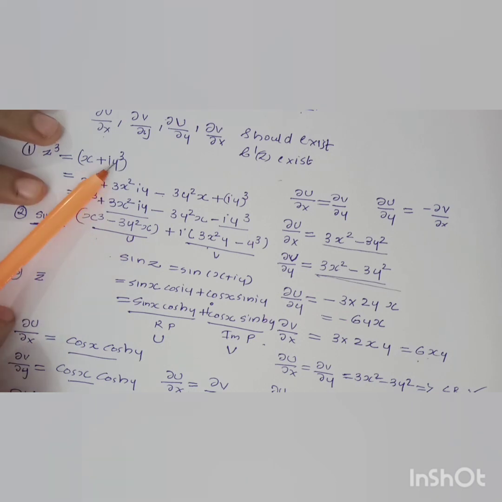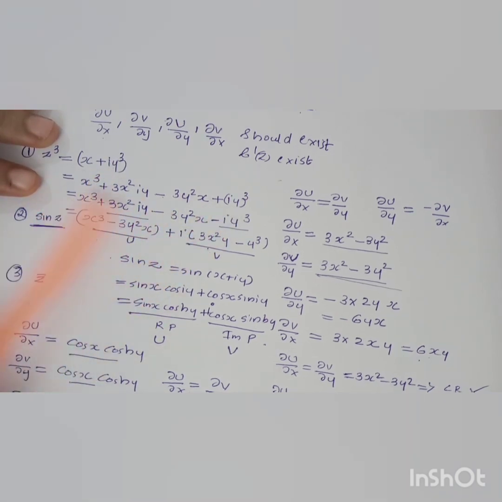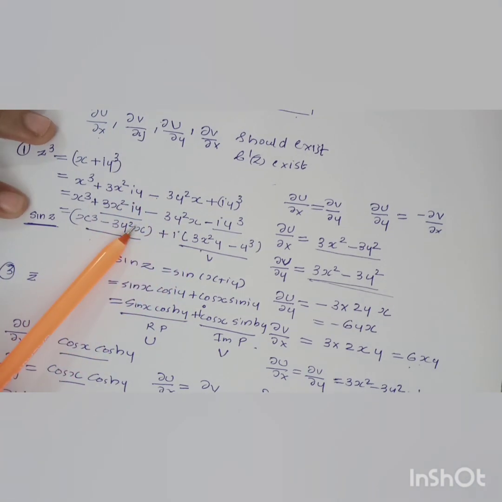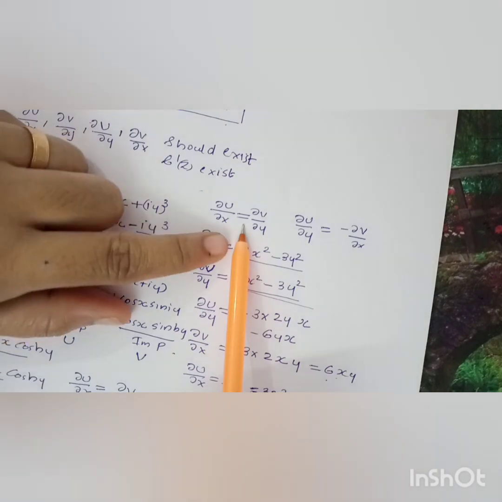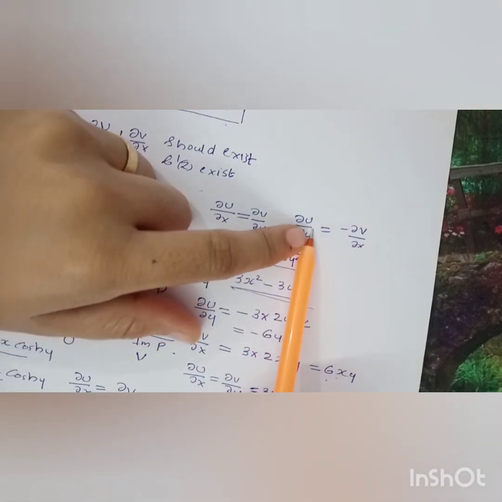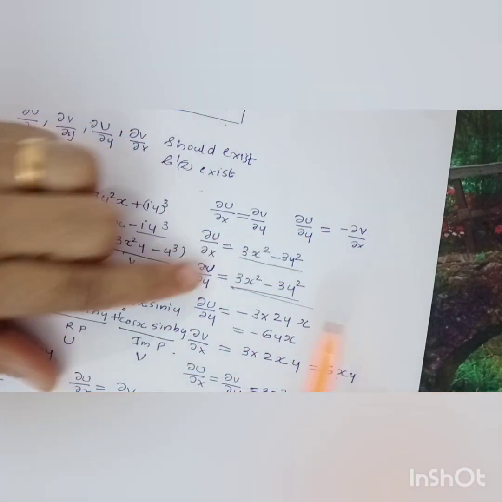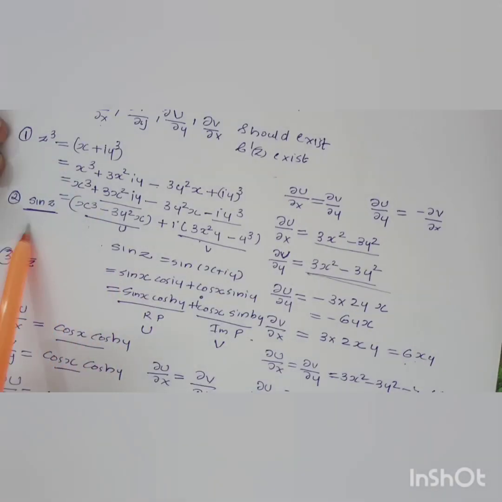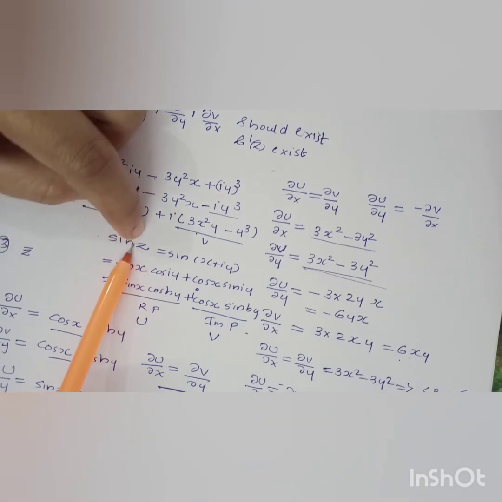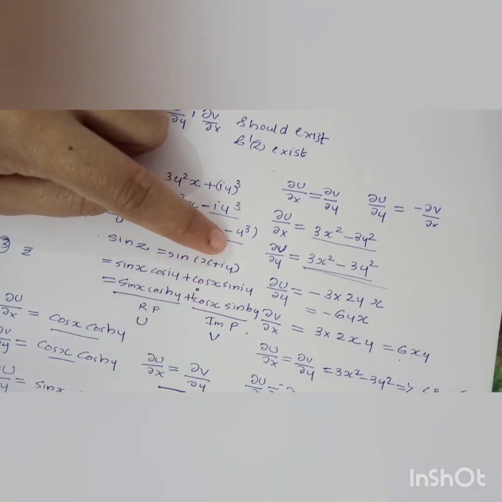First of all, z cube: z cube is (x plus iy) all cube. We know a plus b all cube, and we separate the real part and the imaginary part, and we find that ∂u/∂x equals ∂v/∂y, ∂u/∂y is equal to minus of ∂v/∂x, and we get that z cube is analytic. Next question, sin z. Sin z is equal to sin of x plus iy, that is sin a cos b plus cos a sin b.